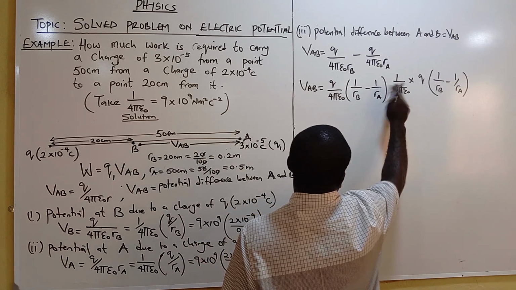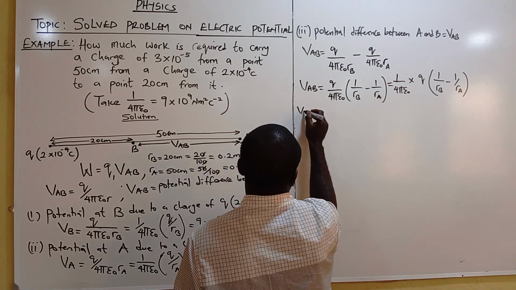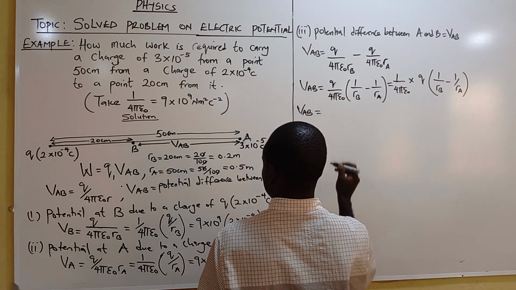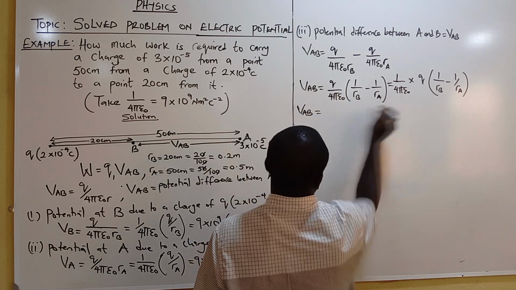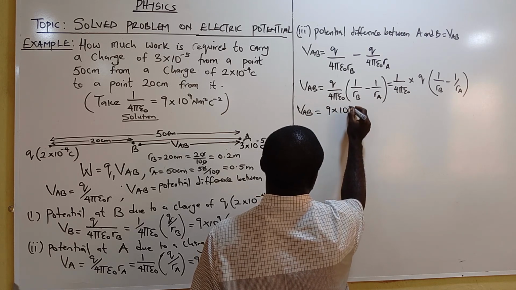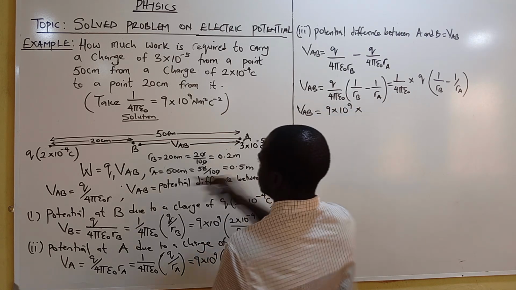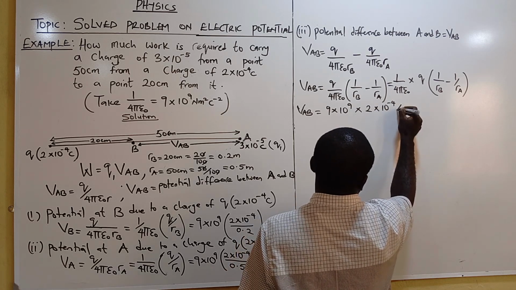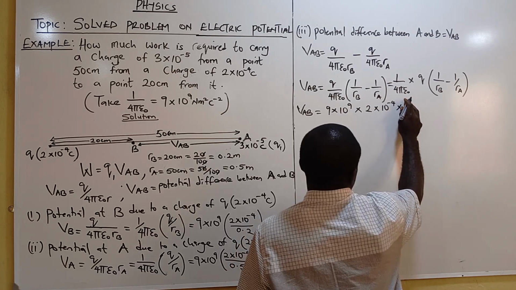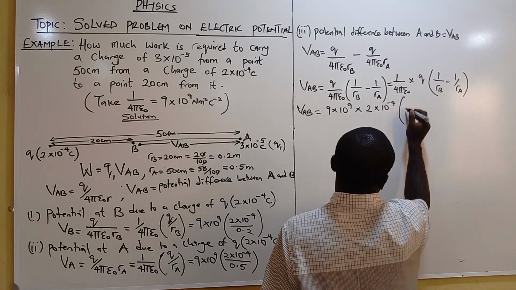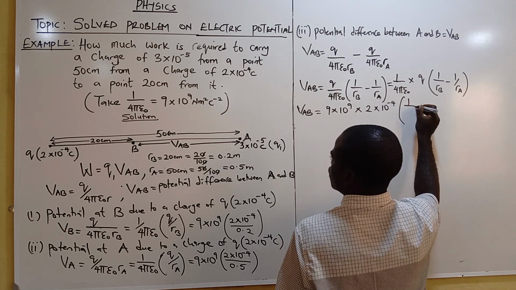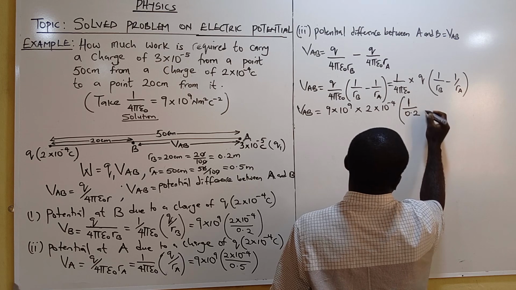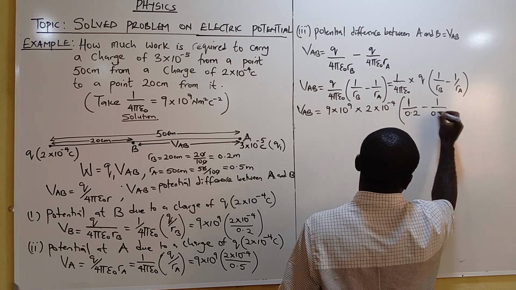Now VAB equals 1 over 4 pi E naught, that's 9 times 10 to the power 9, times the charge, 2 times 10 to the power minus 4, times, okay, let's put this one in brackets, 1 over RB, which is 0.2, by 0.2 minus 1 over 0.5.